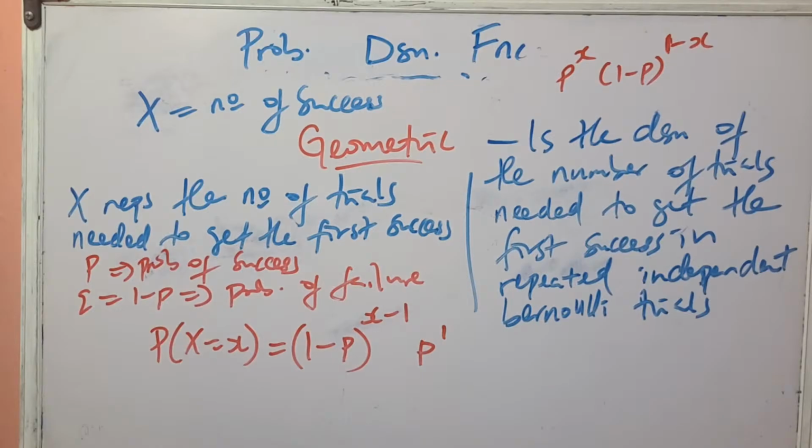So if you are tossing a die and you threw the die 7 times, and it was at the 7th time you got a 6, which was what you were looking for, that means you failed to get the first success 6 times.